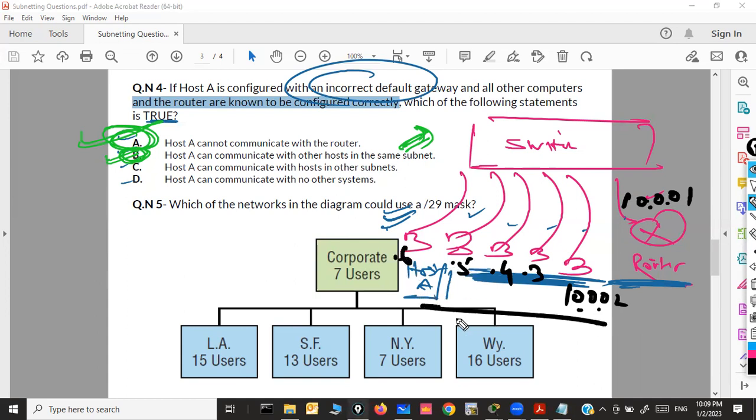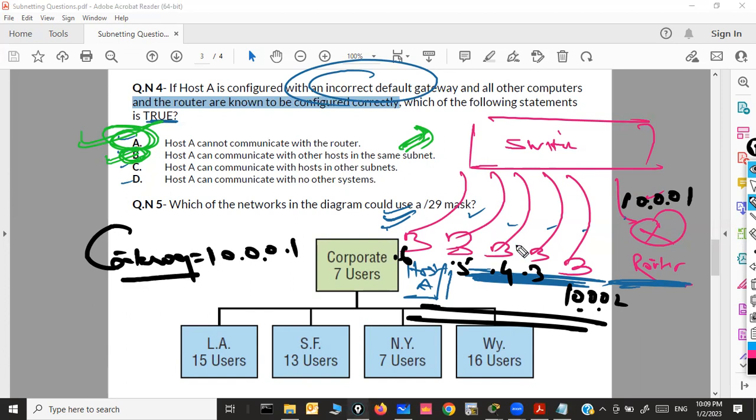Obviously these computers should have the default gateway configured as 10.0.0.1, because whatever IP we assign to the gateway is also one of your host devices, nothing else. So generally we configure 10.0.0.1 as the gateway IP address on all host devices.